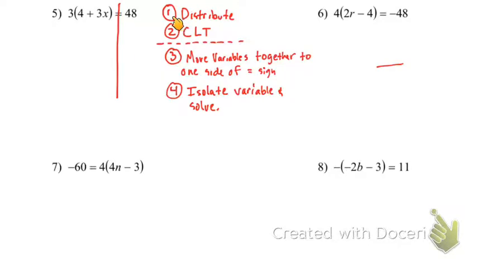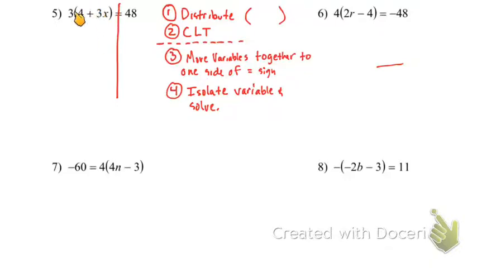Okay, first thing I want to do is on both sides of the equal sign, let's distribute if we have to. So if you notice on the left side, we have parentheses, and we do not like parentheses. So we see parentheses, that means we probably have to distribute.